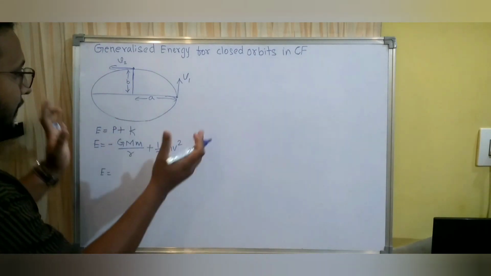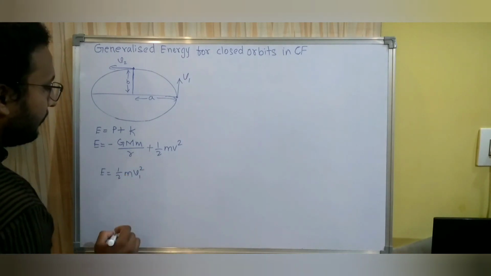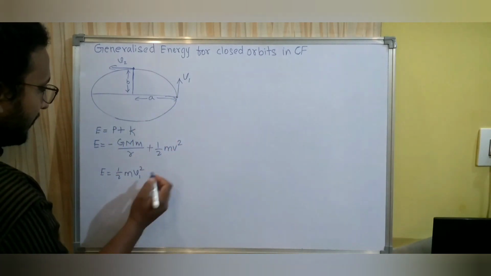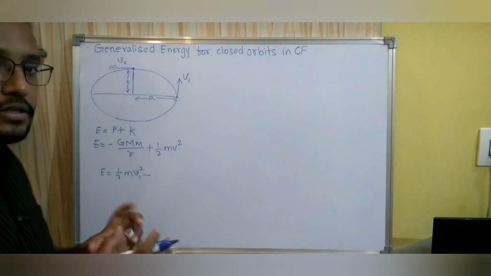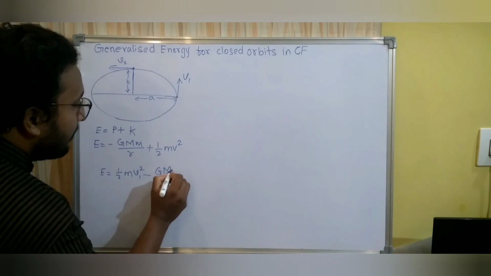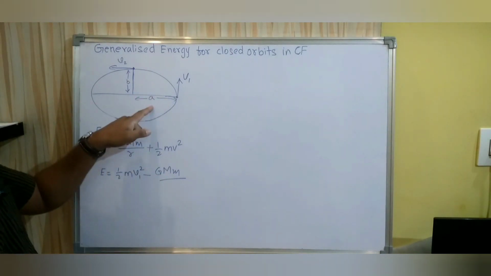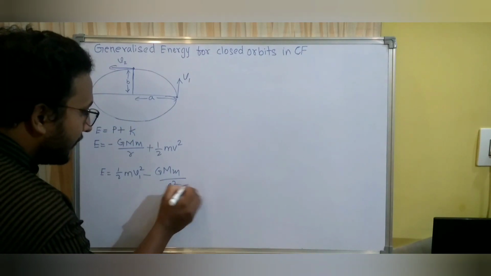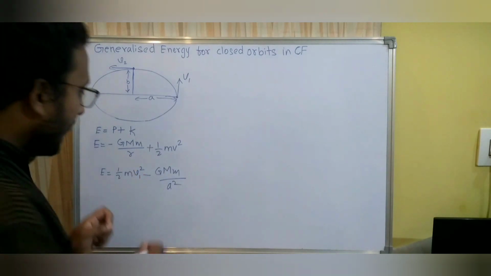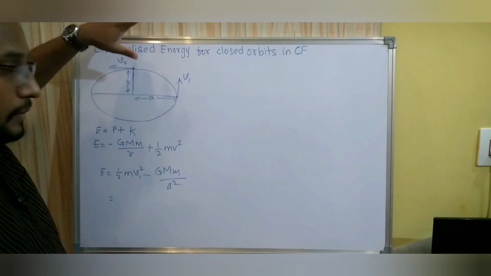First let me write the kinetic energy. The kinetic energy is half m v1 square. The potential energy at this point is, as usual, negative: minus GMm divided by the distance, here the distance is a. So this is the total energy of the planet, and this must be equal to the total energy at the other position.